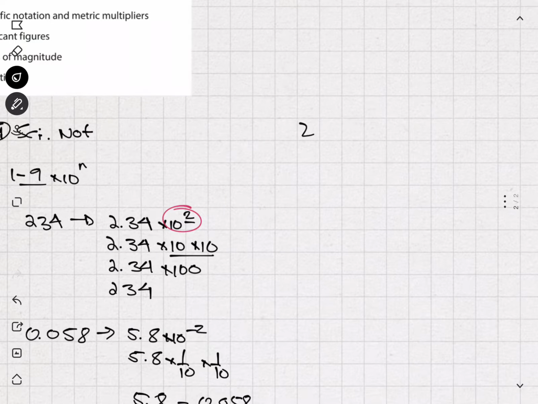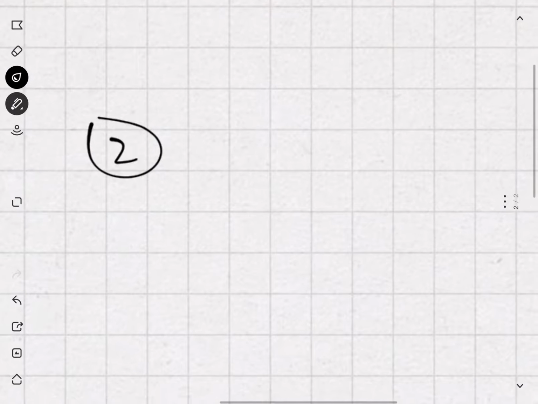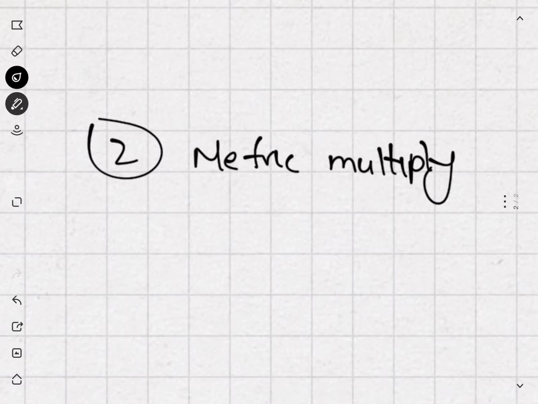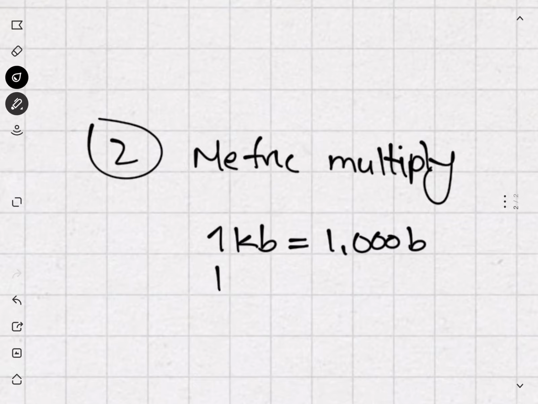So here we go, number 2, metric multiplier. Everyone knows that 1 kilobyte is equal to 1,000 bytes, right? So kilo just means 1,000. So you could write 1 times 10 to the power of 3, right?